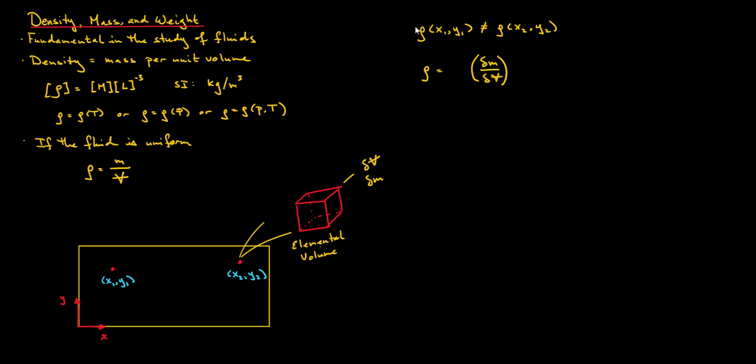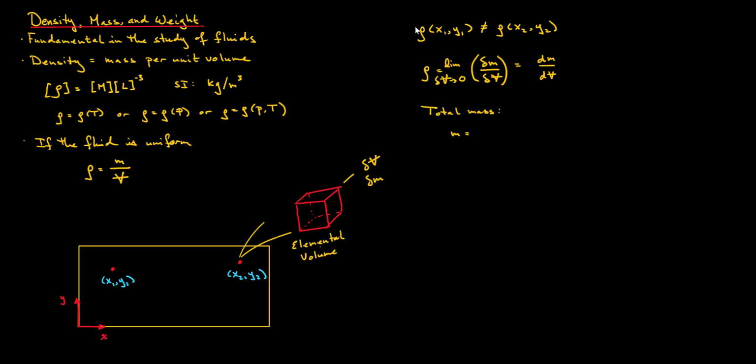And if we shrink this volume, so if we say that we take the limit as delta V goes to 0, what we are left with is dm by dV. The total mass of a system will just be the summation of all the elemental masses, or the differential masses, if you will.